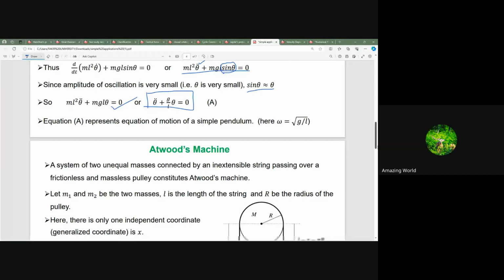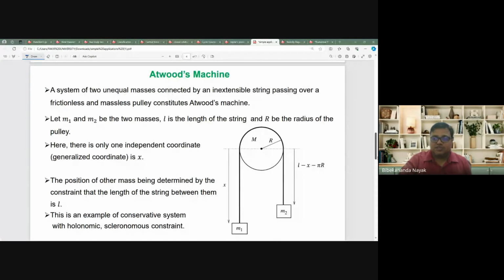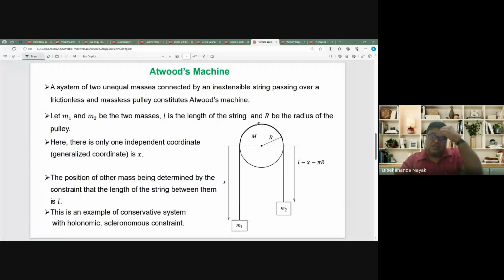Okay, sir. The next example is Atwood's machine. This machine is used to measure the acceleration of gravity. Here two unequal masses are connected through a string of length L, and the string is passed over a pulley.